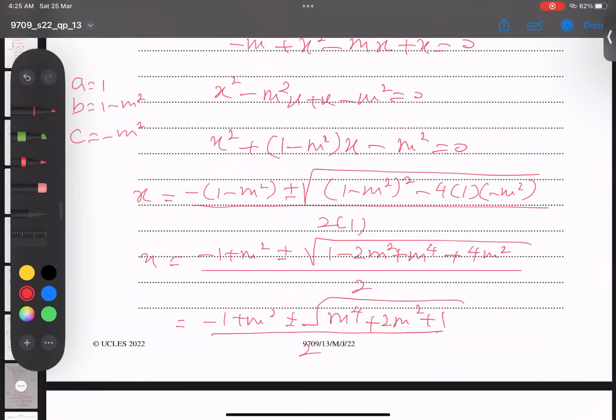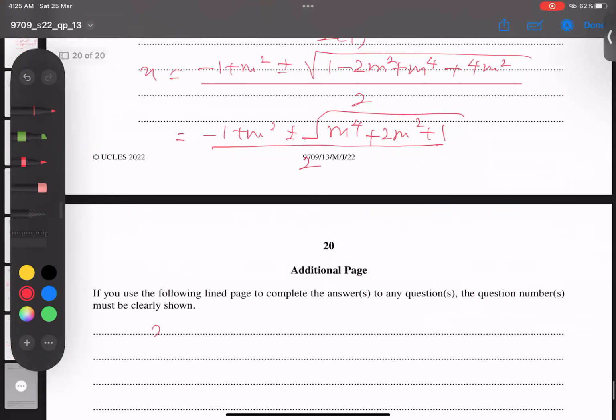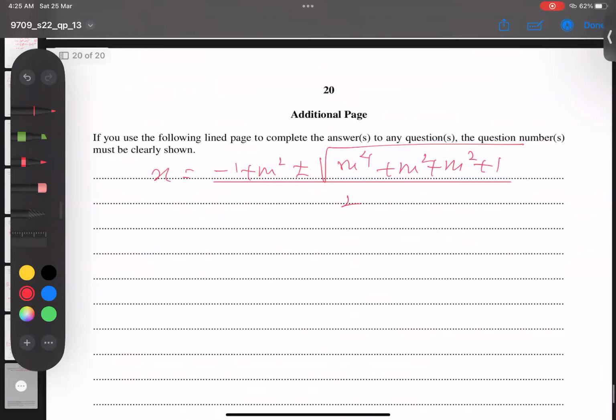This is a little hard algebra, and here I'm applying factorization in the root. How to factorize in the root? You know m to power 4, this 2 I break into m square plus m square. Factorization, I hope you understand what I'm saying. And afterwards, minus 1 plus m square, plus and minus the root. From m to power 4 and m square, m square is common, I get m square plus 1.